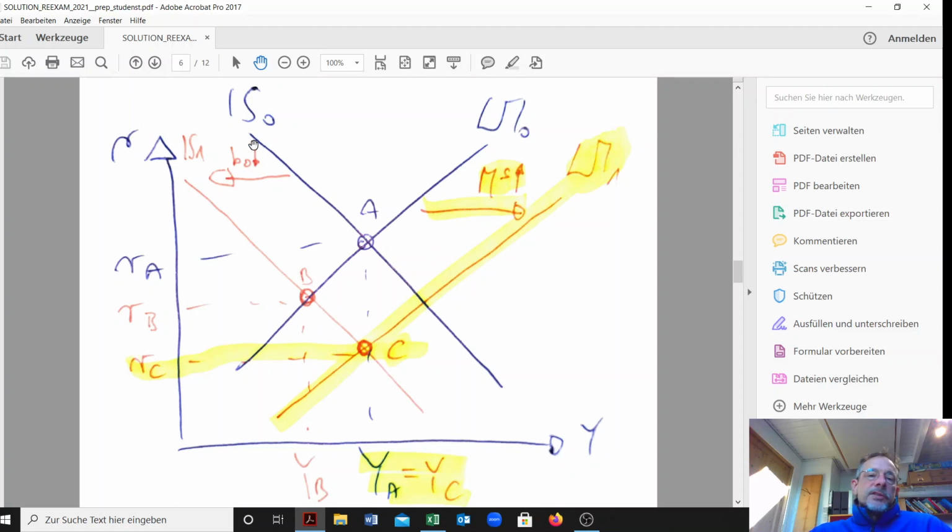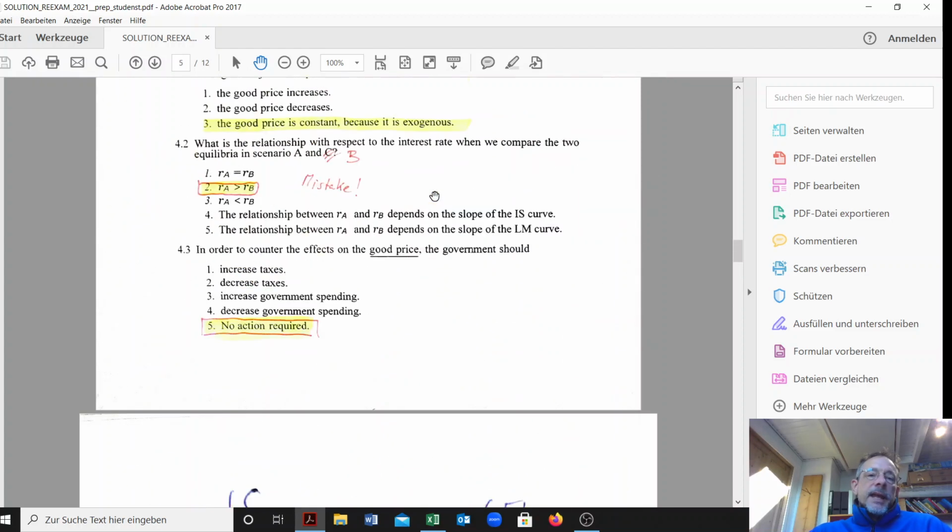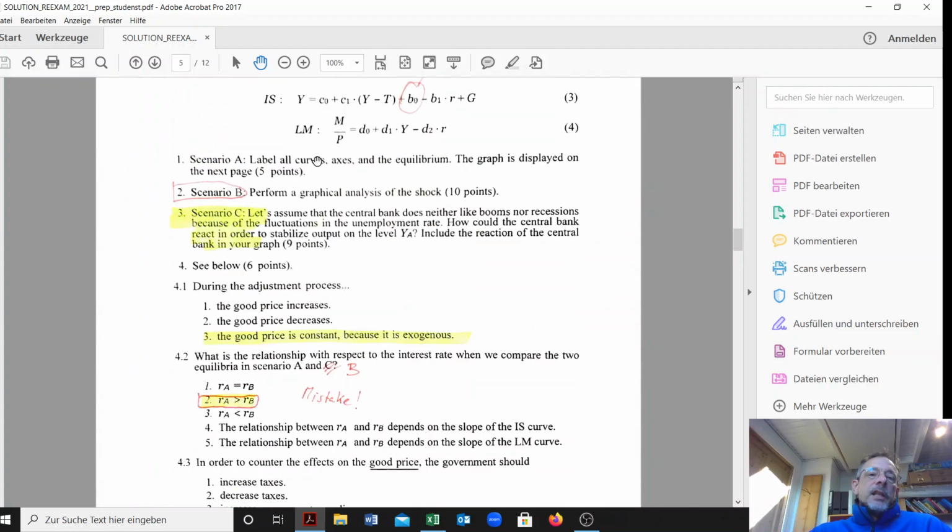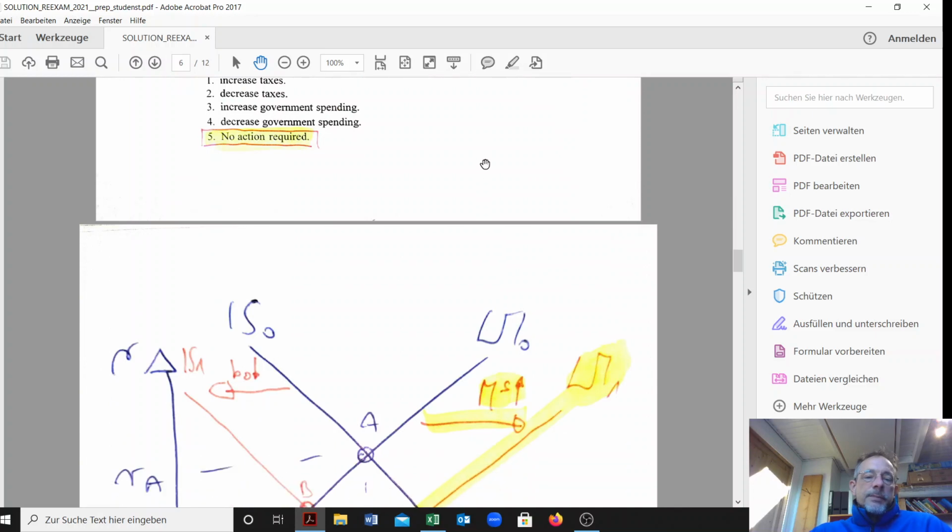It is upward sloping, and the IS curve is downward sloping in the initial equilibrium A, with RA the interest rate level, YA the GDP level. So the blue lines are important for part A, where we should label all curves, axes, and the equilibrium. The graph is displayed on the next page.